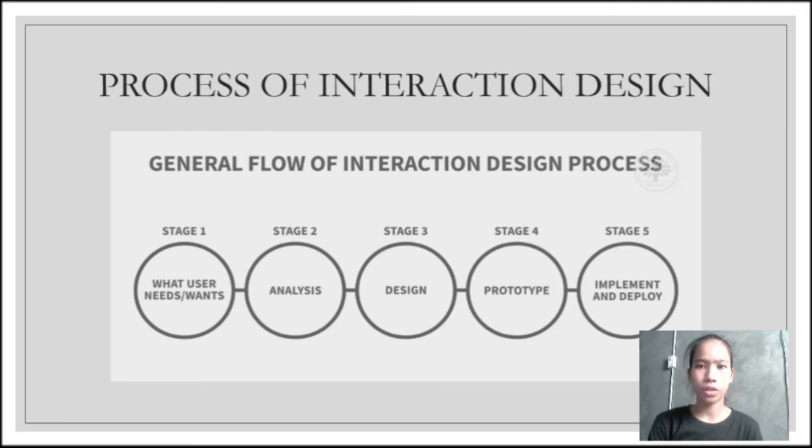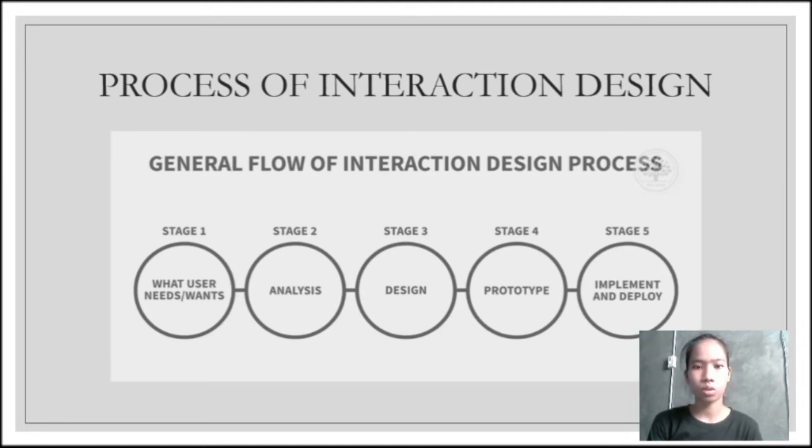In the process of interaction design, we have what we call the general flow of the interaction design process, and we have 5 stages. So stage 1, we need to find the user's needs or wants. In that way, we can observe and interview people and also examine the existing solutions.